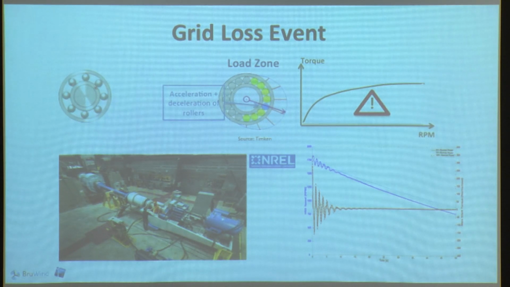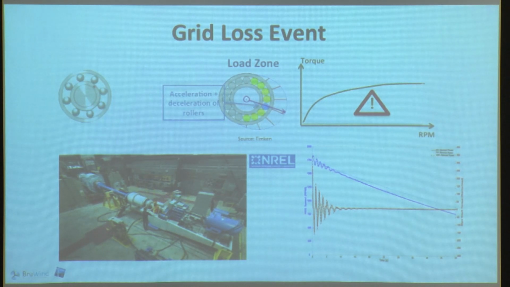Theoretically, they will have no slip. The problem is, if you go for higher RPMs at low torque, the preload on these rollers can be insufficient, and they can start sliding instead of rolling, which means that you get degradation of the oil film, which means you can get metal-to-metal contact and failure and initiation of cracks and so on.